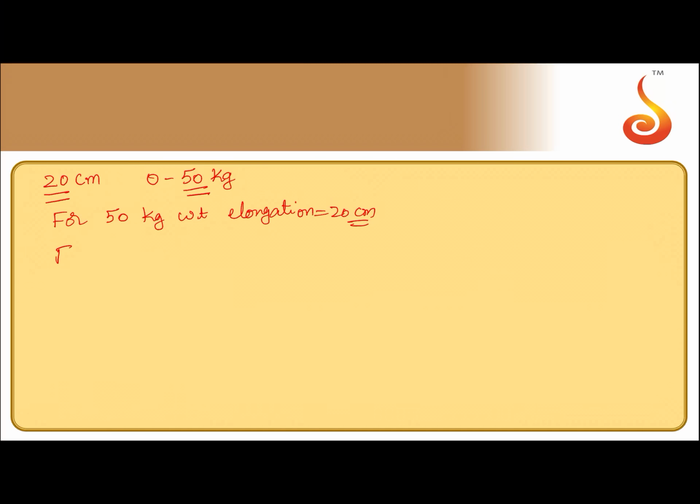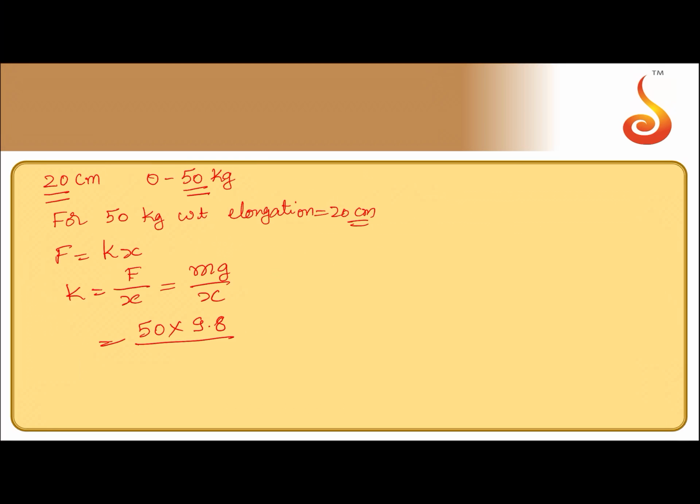So find k from this. We know that F is equal to kx. So k is equal to F divided by x, that is equal to mg by x. So m is what? 50 kg. g is 9.8.